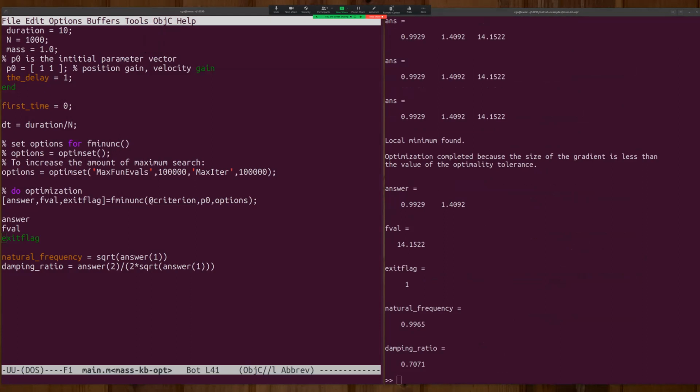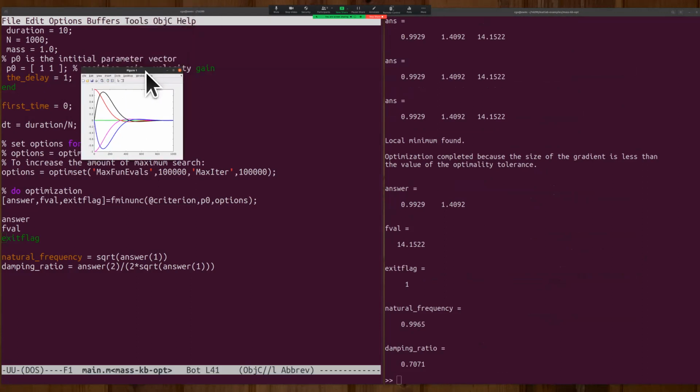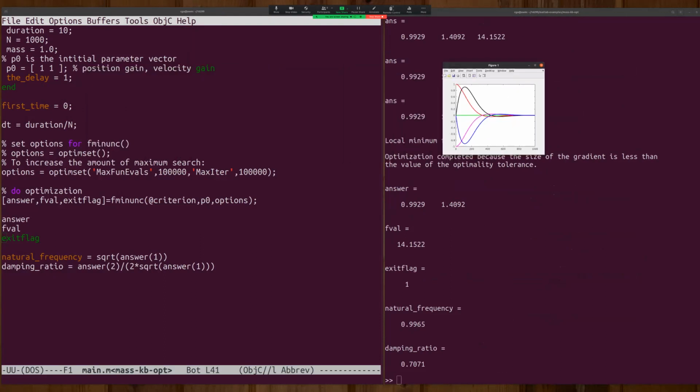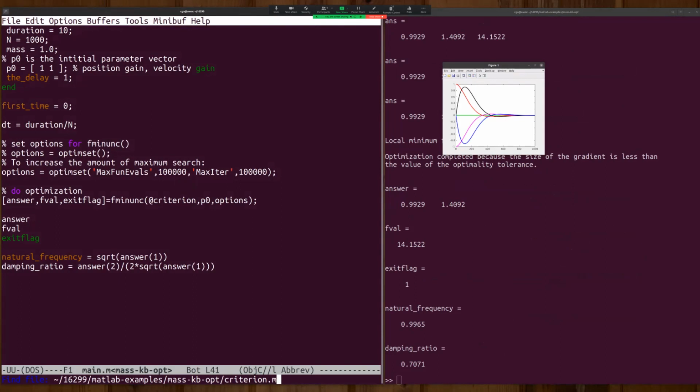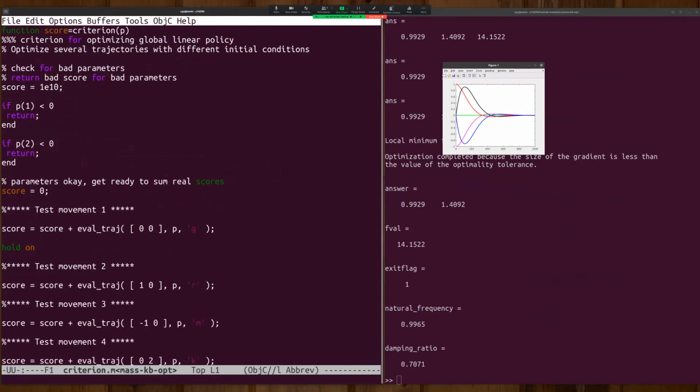Okay, where did my figure? Oh, there's my figure. Okay, so what the hell is that? Well, the criterion, what we do is we score 5 trajectories. And I've plotted the 5 trajectories.